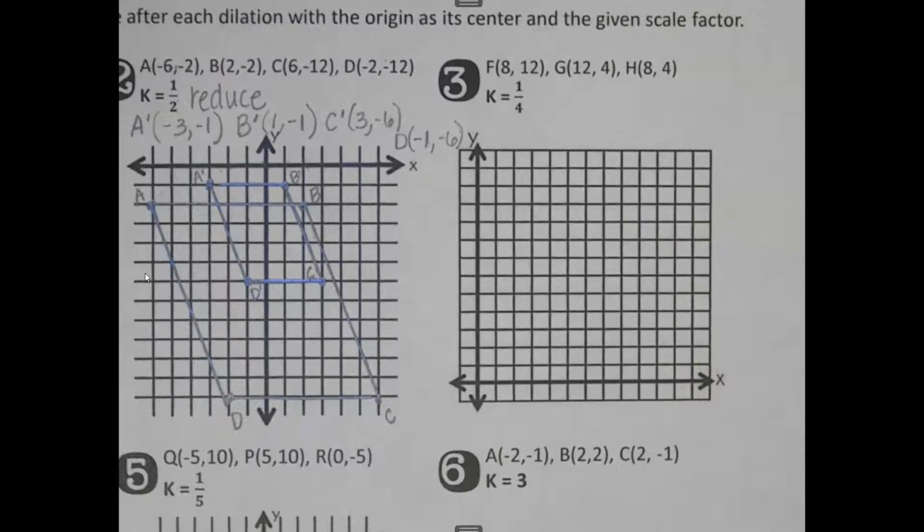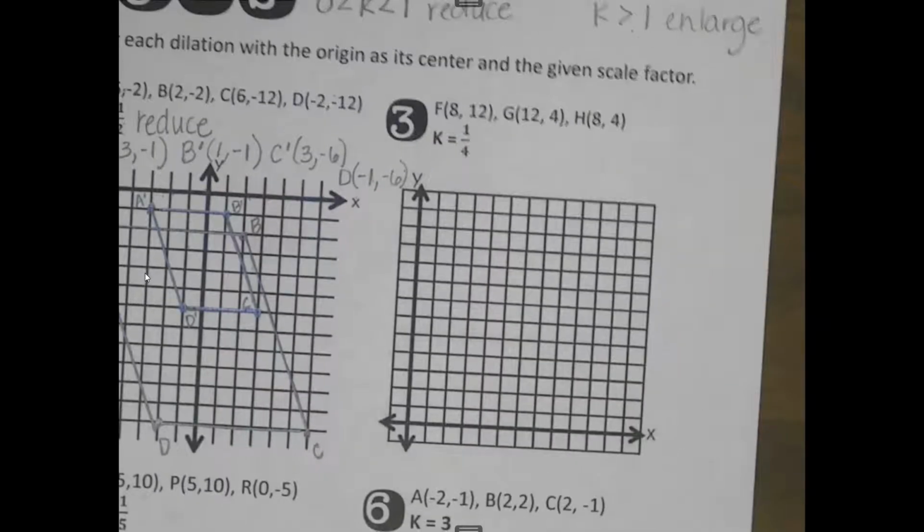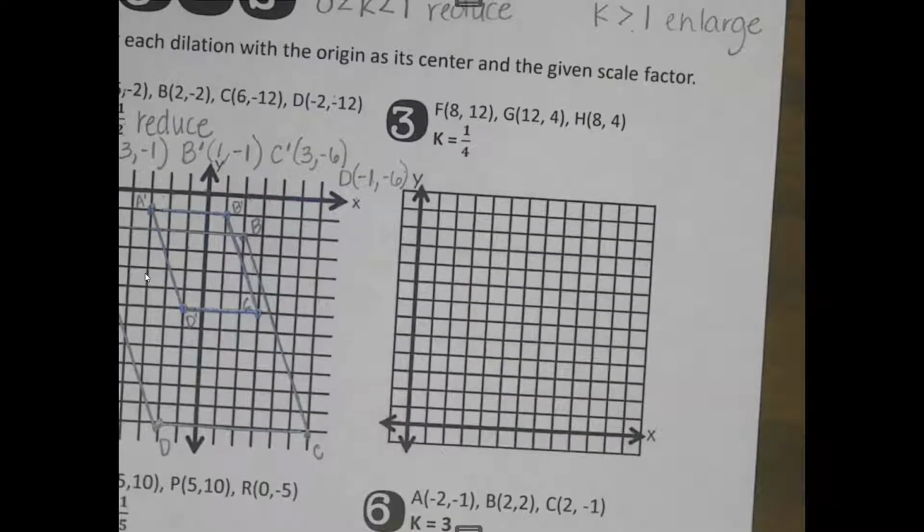All right, let's look at number 3. Okay, so I want you right now to talk to your partner. I want you to decide, is number 3 a reduction? Is it going to reduce or is it going to enlarge? I'm going to give you 20 seconds to get that done. So 20 seconds starts now.